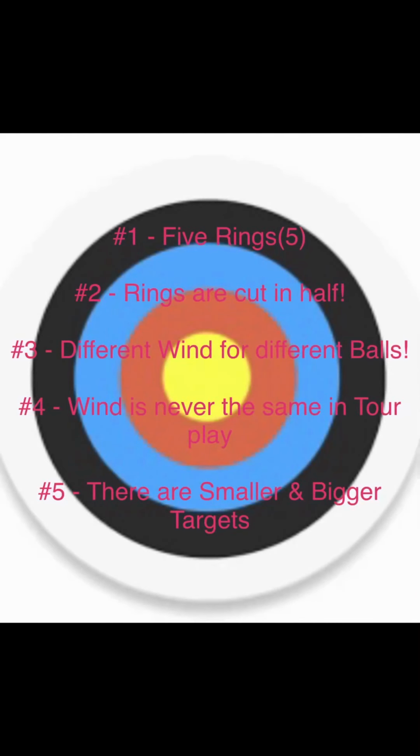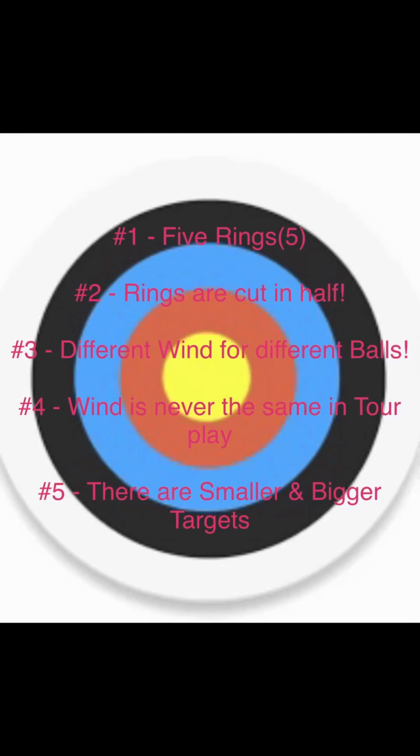Alright, so here is a small picture of a little breakdown of the 5 things that we're basically going to focus on here to talk about. Number 1 being the 5 rings that we have. We have to know there's 5 rings. Number 2, that the rings are cut in half by our ball guideline from right to left side, depending on which way angled your wind is coming. Number 3, the different wind for different balls. Different powered balls give you different wind.